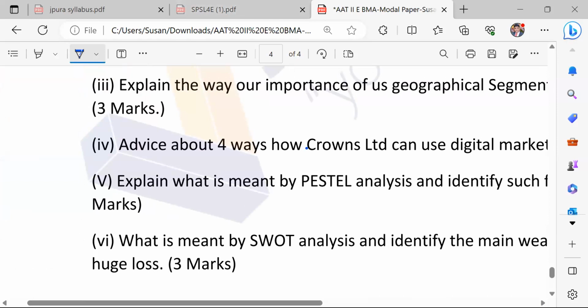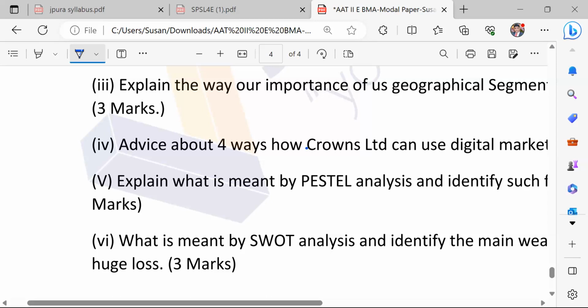S, social, COVID-19 pandemic. T, there's no technical thing, but technology they have to use for this, right? Digital marketing, that is a technological thing. Best you can identify. E and L factors are not included in the case study. All things you can find.